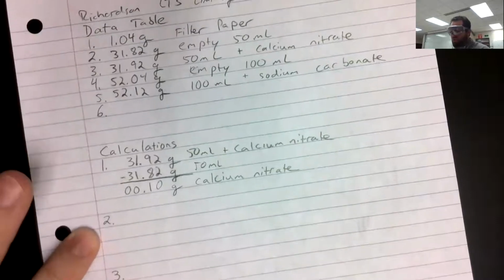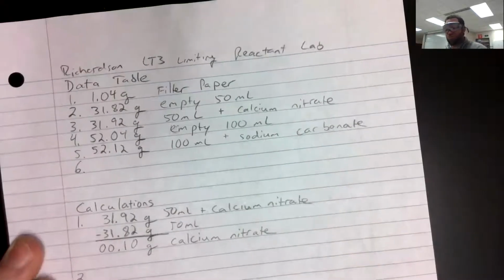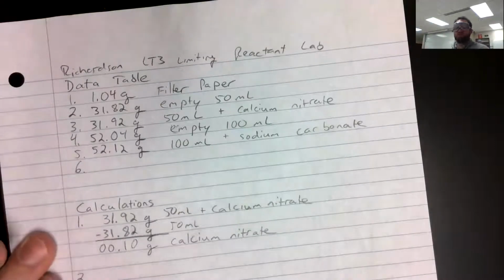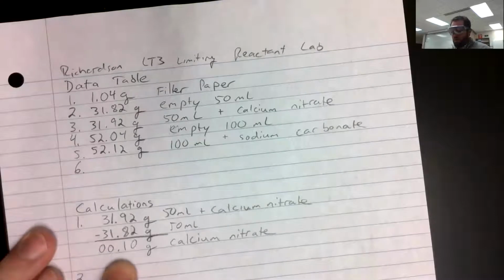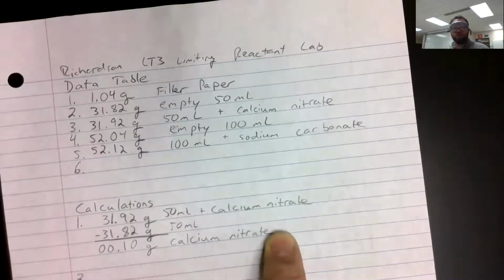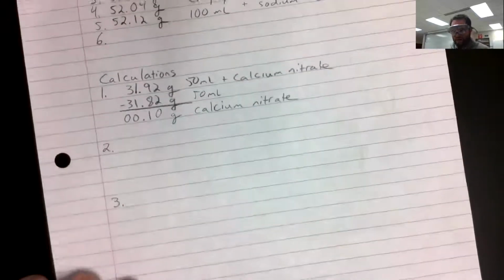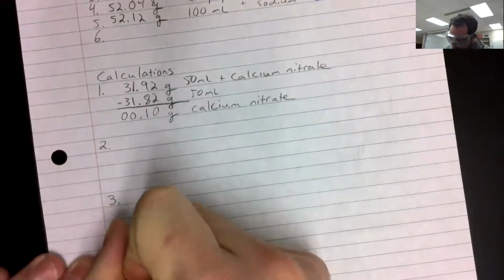And in question 2 here, you guys figured out a mass of sodium carbonate. That was our second reactant. So use your stoichiometry and convert from 0.10 grams of calcium nitrate to figure out what mass of product we should have. That is step 4.